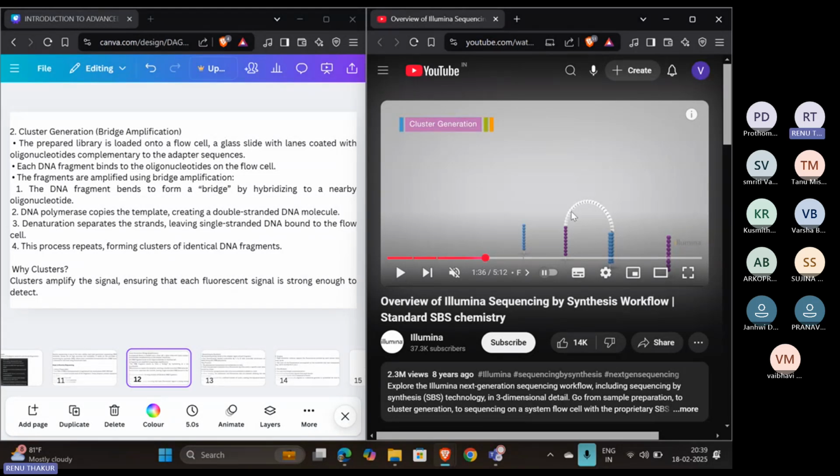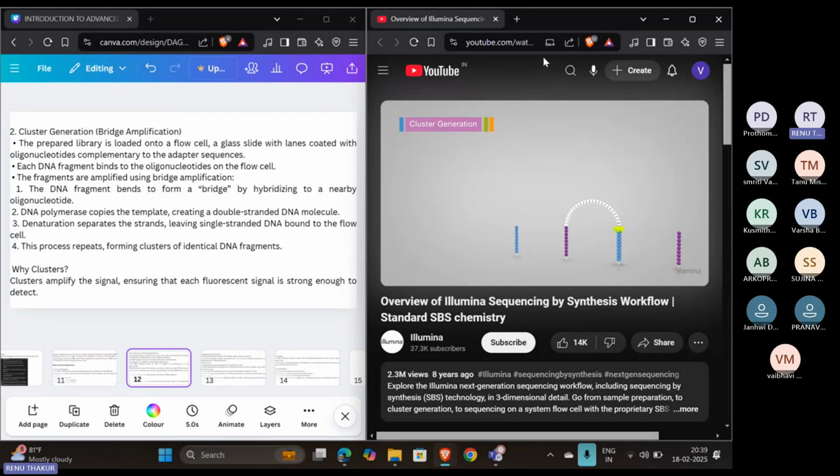The DNA fragment we prepared had both ends ligated with different adapters, and each adapter is complementary to a different oligonucleotide. So one end bound as soon as we put the DNA fragments into the flow cell, and the other end bends over, forms a bridge, and ligates to the nearest oligonucleotide.